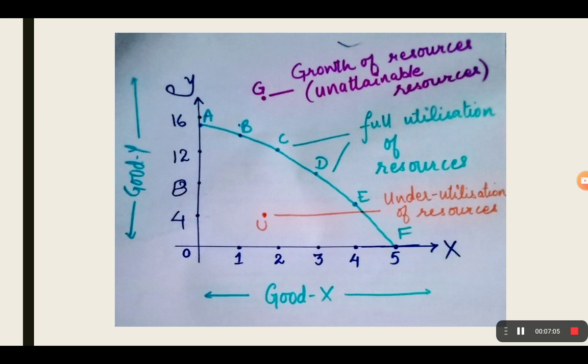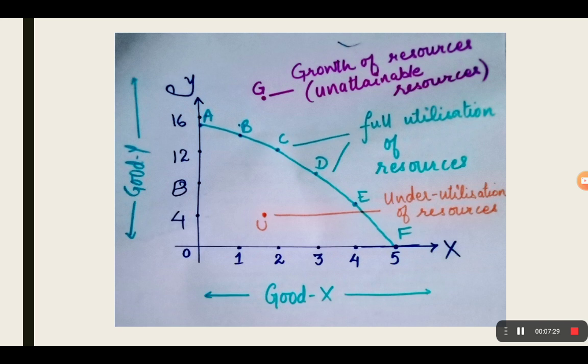Now we have derived a production possibility curve. You can see in the diagram, it is a blue curve, and all 6 points are lying on this PPC. This is known as the production possibility curve, and all 6 combinations are lying on it.